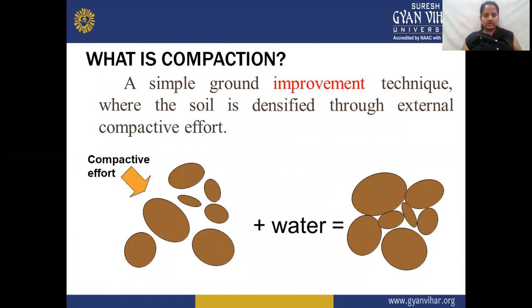So what is compaction? A simple ground improvement technique where soil is densified through external compactive efforts is called compaction. Initially the soil particles are loosely packed.